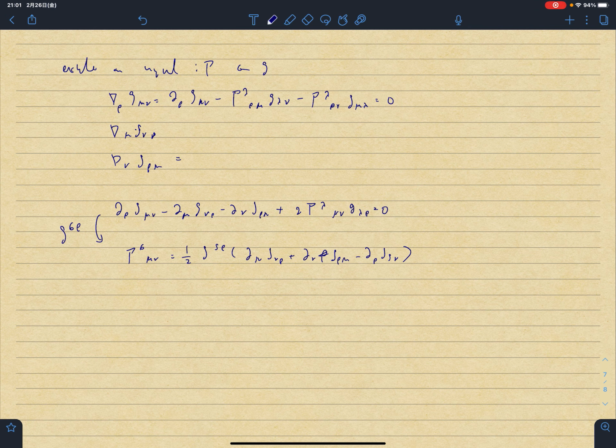It's known by different names: sometimes the Levi-Civita connection, sometimes the Riemannian connection, the associated connection, or the Christoffel connection. We also sometimes call the components Christoffel symbols. So for a manifold with a metric, the associated connection is called Riemannian, sometimes with a Lorentz signature.